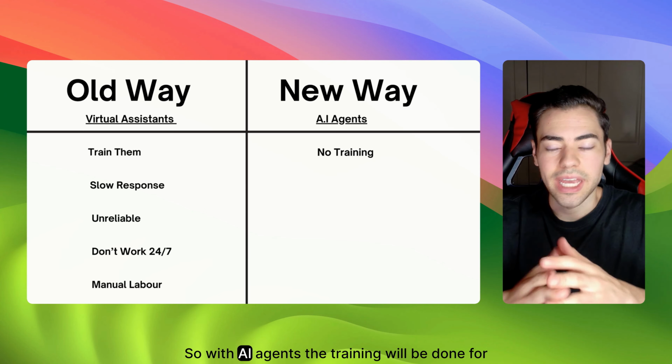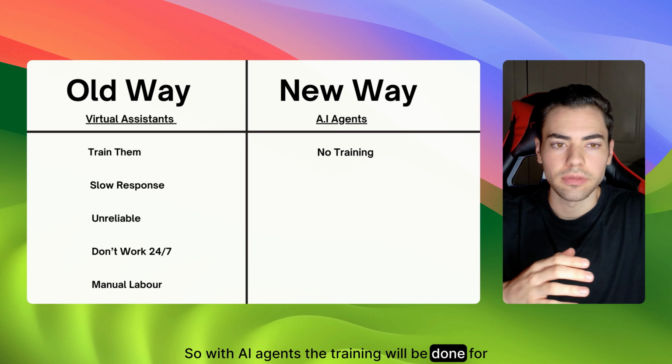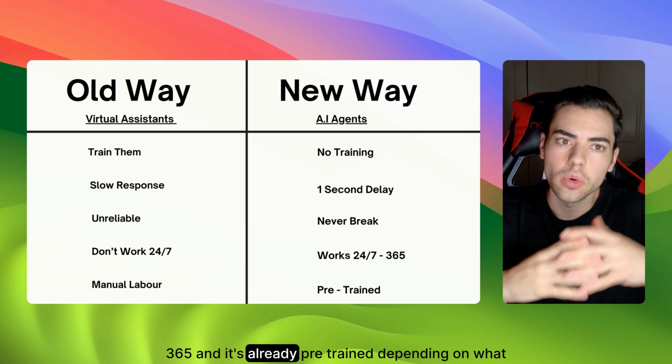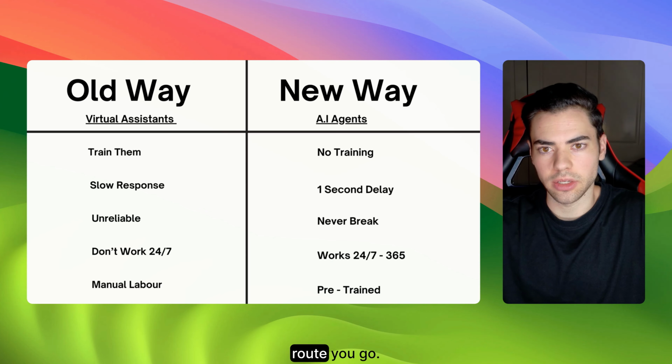So with AI agents, the training will be done for you with the already done prompting. So as a business owner, you do not have to get technical. On top of this, the response is less than a second. It never needs a break because it can work 24/7, 365, and it's already pre-trained depending on what route you go.